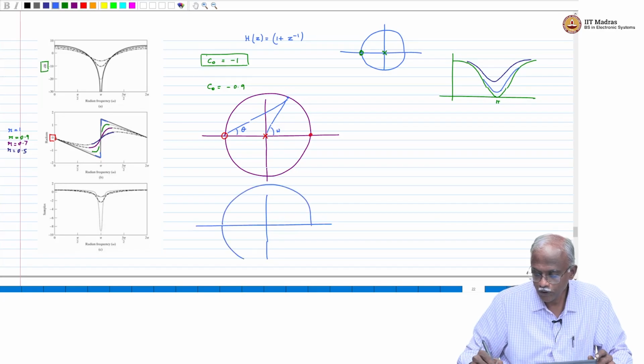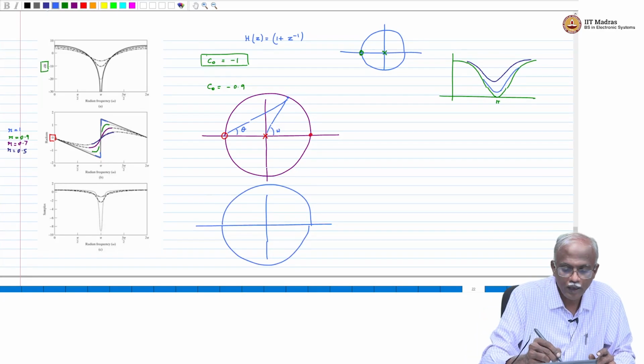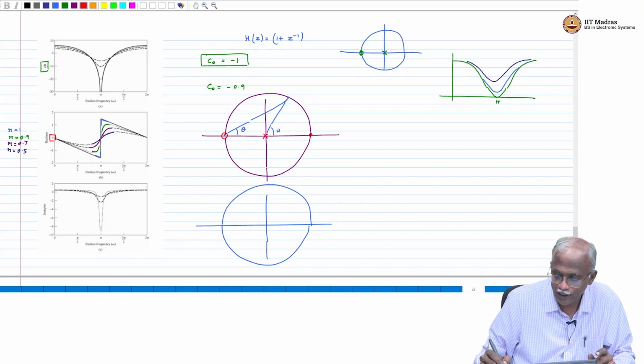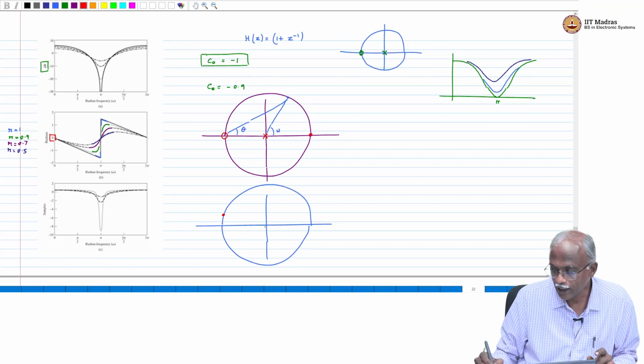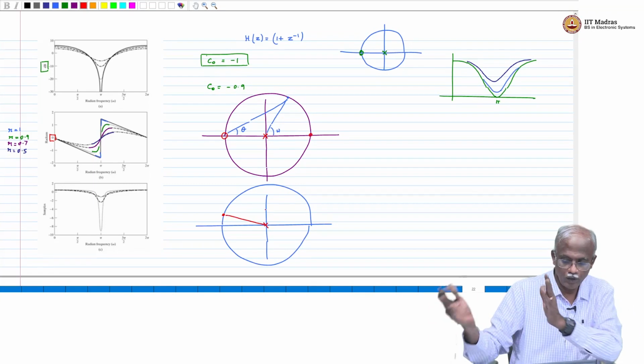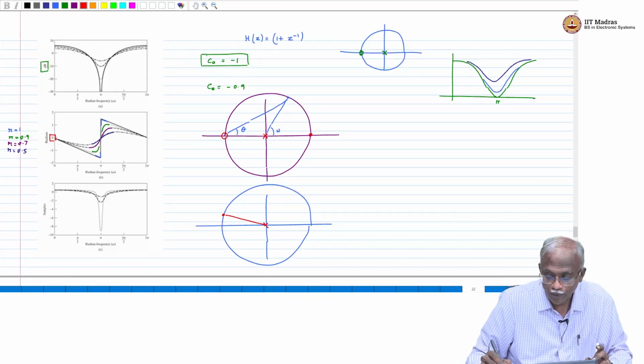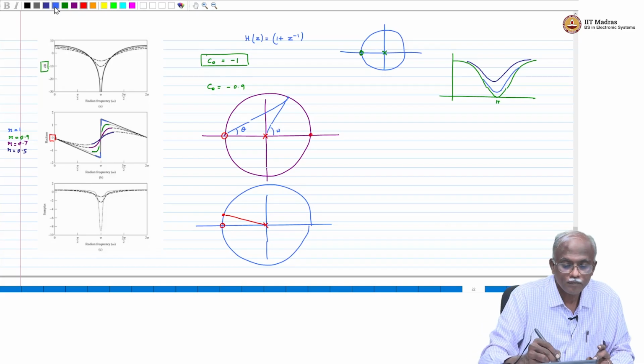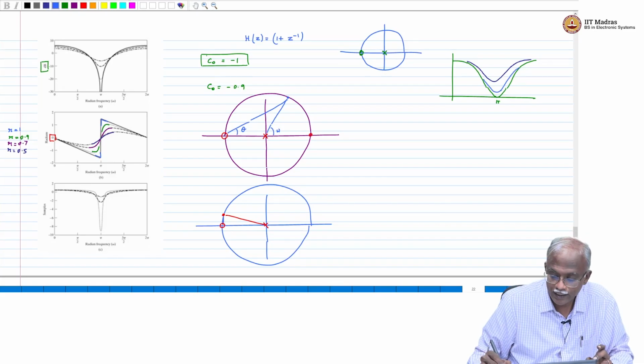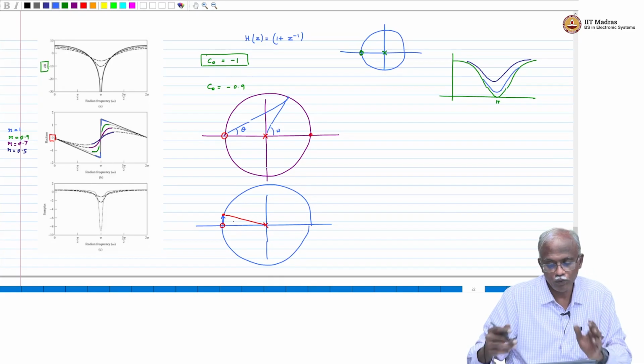I want you to take a closer look. Now I'm starting to approach the point of interest, which is here. What is the contribution of the pole? It's almost 180 degrees, right? What is the contribution of the 0? It is almost 90 degrees.